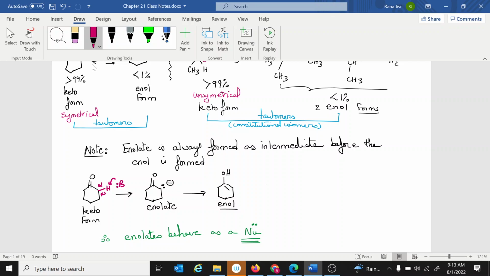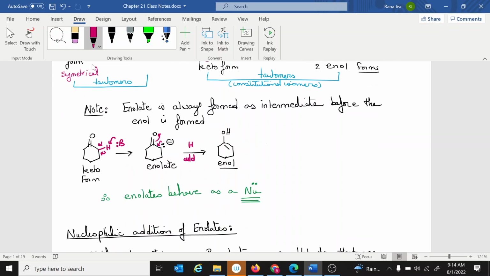Once you get the enolate, by resonance the oxygen will carry a negative charge, and then a hydrogen is added, which comes from any solvent that has a hydrogen, and you simply get your enol. So the point is, to get from a ketone to the enol, you need to pass by the enolate.